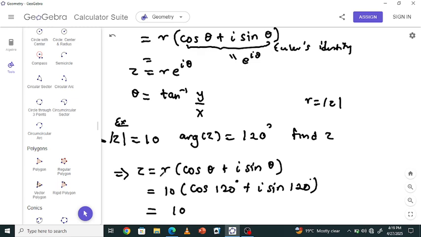That gives us 10 into cos 120 degrees. When we're using the triangle, we will get negative a half, plus I sin 120 degrees, which is the same as root 3 over 2.